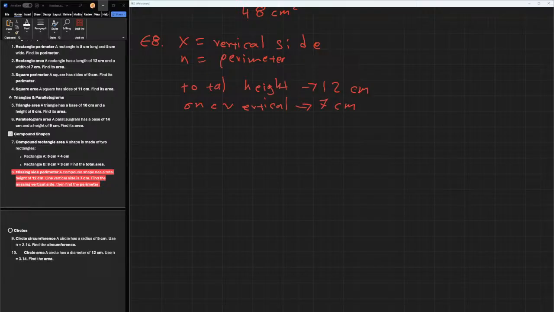But wait, if one vertical side is 7, don't I subtract 12 minus 7?